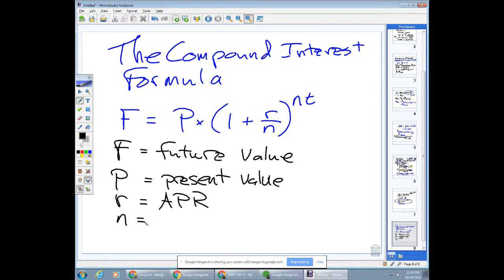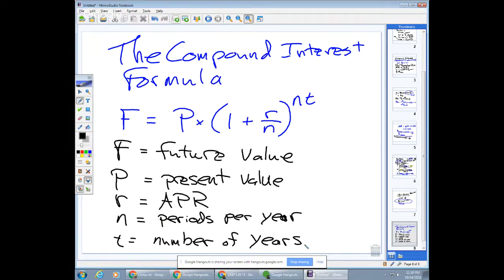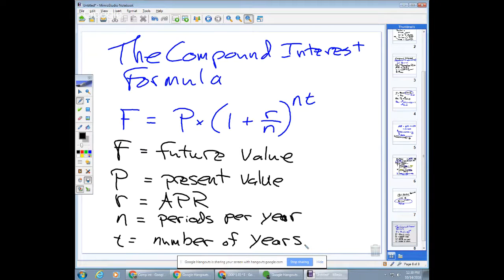N are the number of compounding periods per year. And T would be the number of years. And so it's just a matter of, given the information, plugging stuff in, and then you could either whip out a spreadsheet or whip out a calculator to figure out what's going from there.